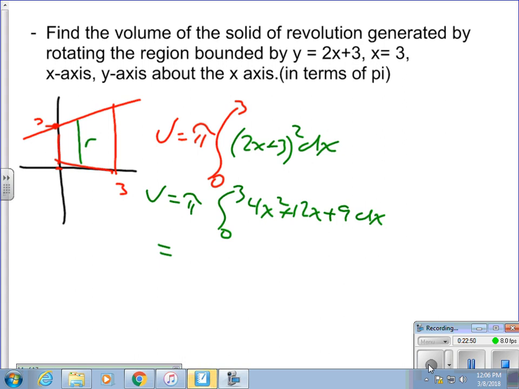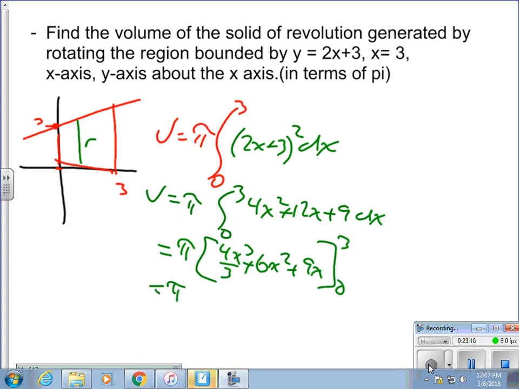Okay. So I get pi, antiderivative of 4x squared, 4x cubed over 3. Antiderivative of 12x would be 6x squared plus 9x from 0 to 3, which would be pi times 4 times 3 cubed over 3 plus 6 times 3 squared.